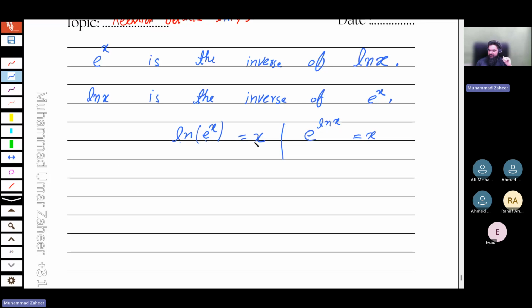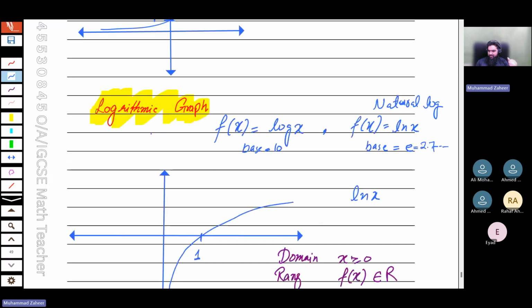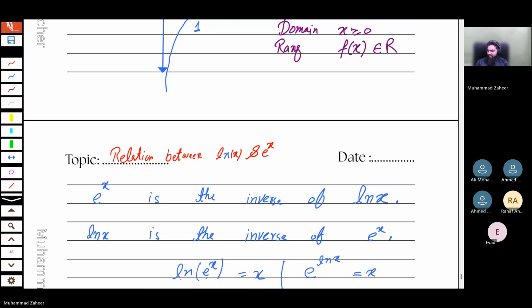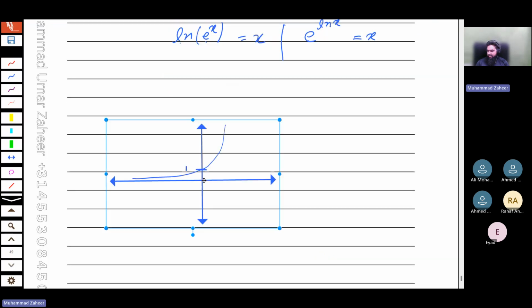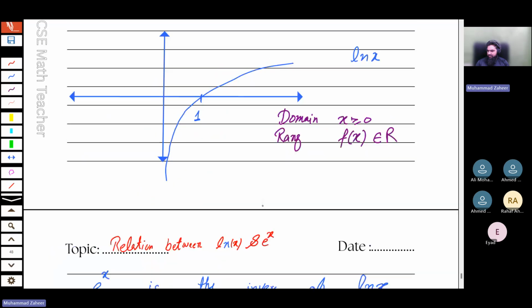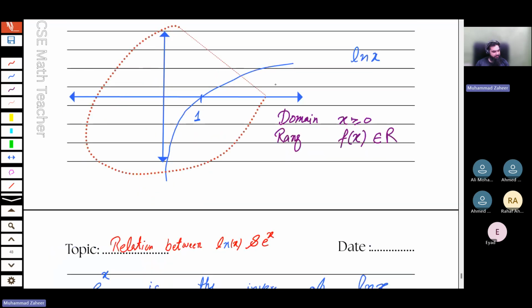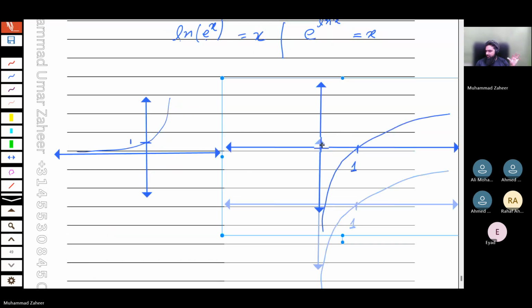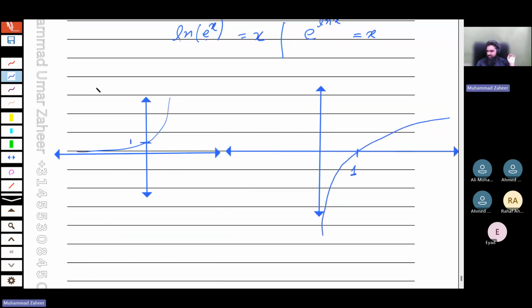Now we have to understand it from the graph. Look here. I'm going to take the graph of the exponential. The exponential graph is going to look like this. This is the graph of e raised to power x, and this is the graph of natural log of x.